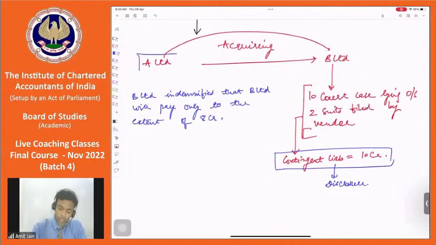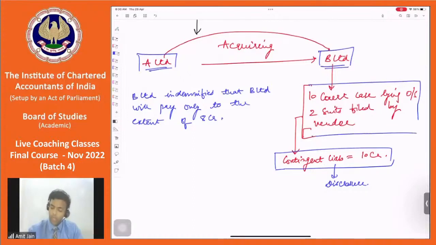So that means when A is acquiring B Limited, A is mindful, A is concerned that in the future these court cases may result into an outflow of the amount. So A Limited said to B that boss, you need to indemnify me. You need to pay me if there is an outflow in the business on account of these court cases.